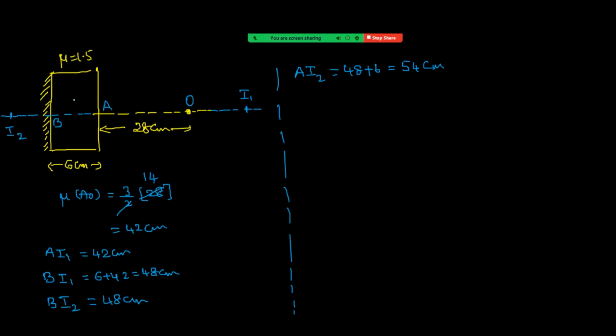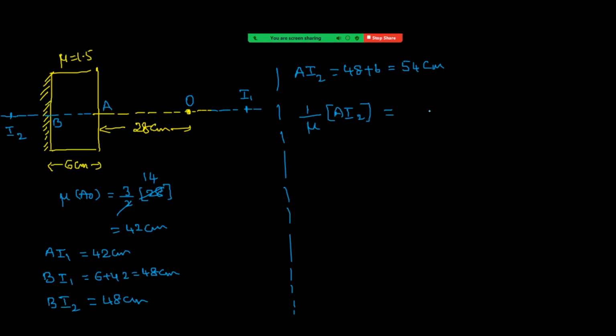Okay. Now you can see rays are traveling from slab to air, means from denser medium to rarer medium. Then this AI2 appears to be 1 by mu times AI2.